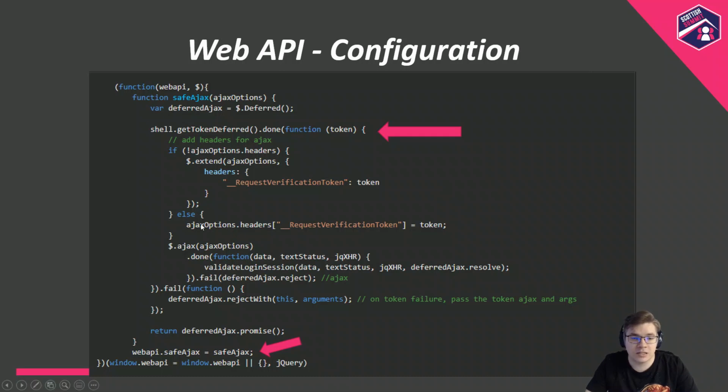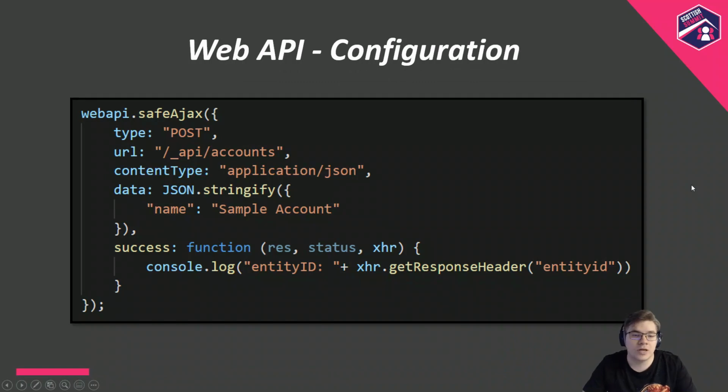This part is responsible for getting the token and adding it to all of your requests, or updating it if it's already expired. You might also notice that the result of it will be a safeAjax object. So to call Web API, you would need to call webapi.safeAjax and provide the proper parameters. As you can see, it will just perform a standard Ajax request.